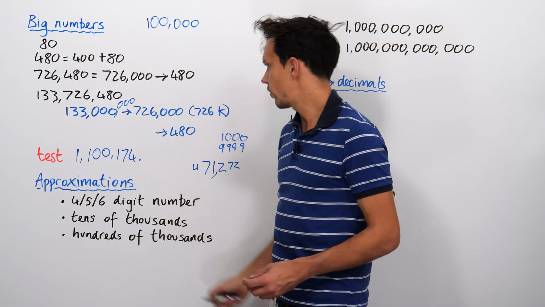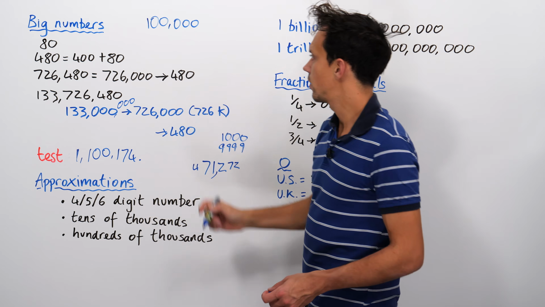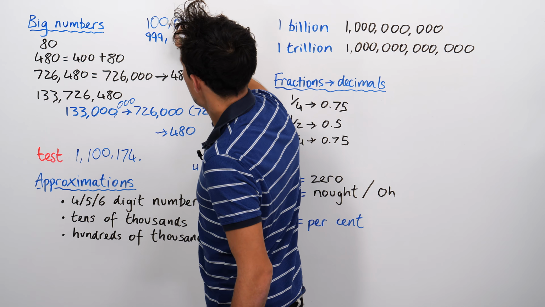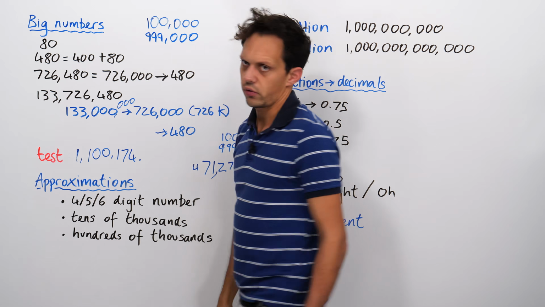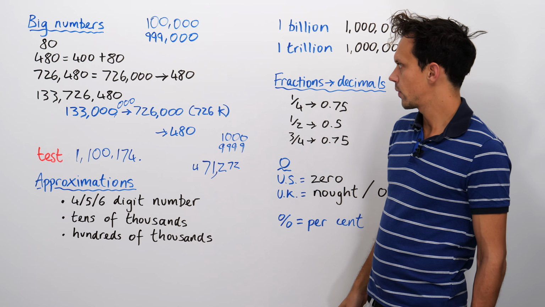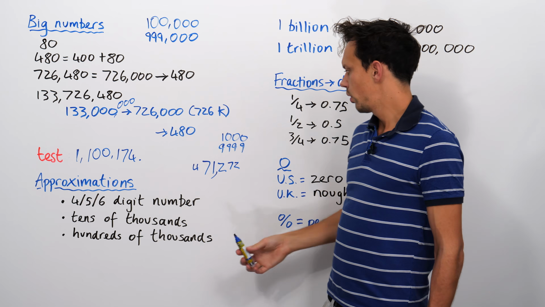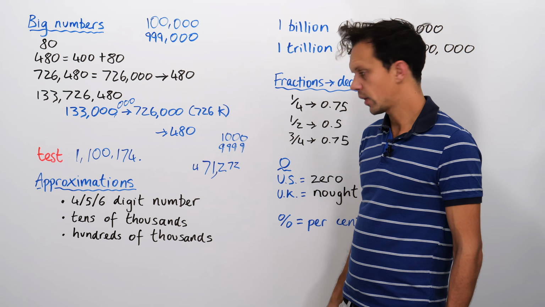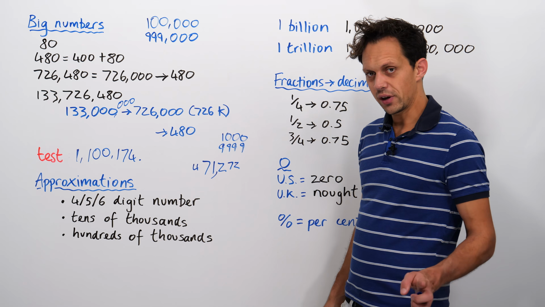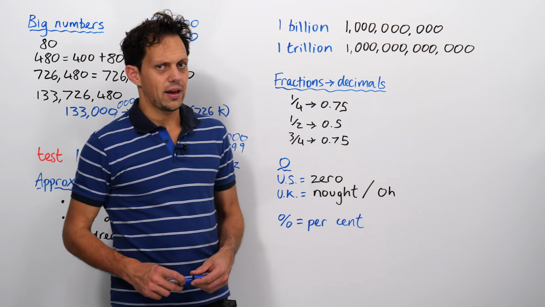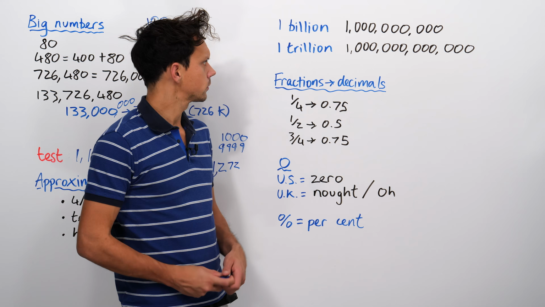So hundreds of thousands would be anywhere from 100,000 to 999,000. Okay, so we've just got one more 0 compared to tens of thousands. Okay, I hope that's clear. You will get an opportunity to practice this with me in a couple of moments' time.